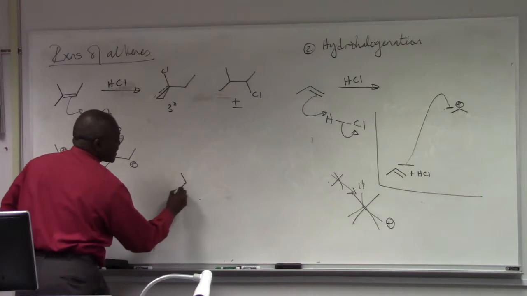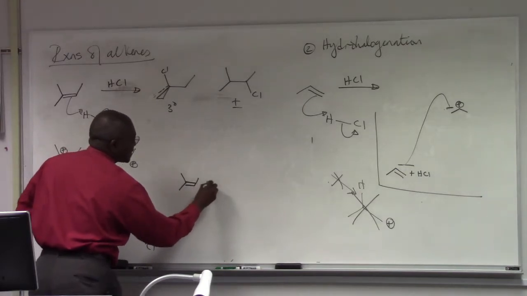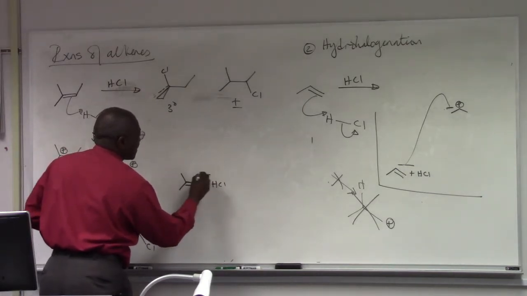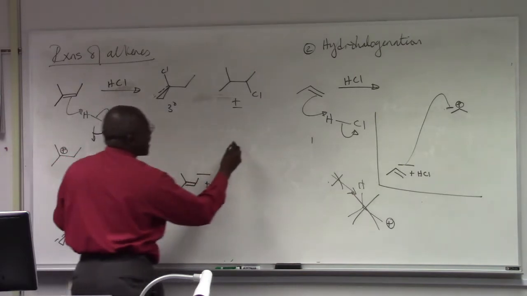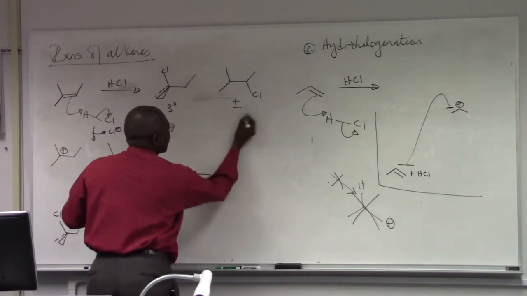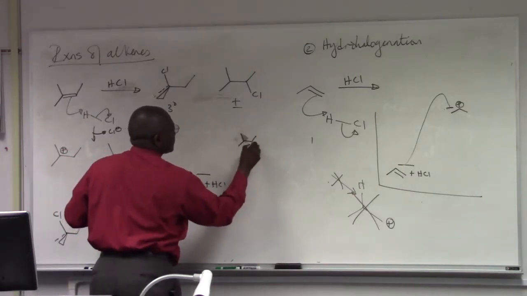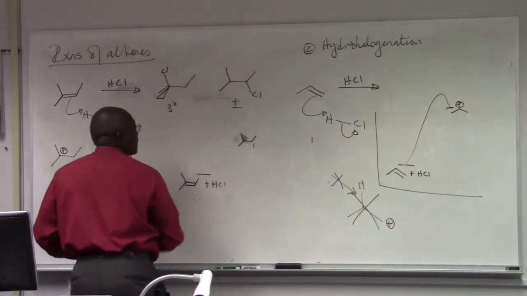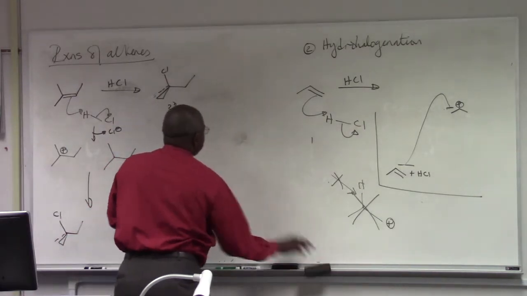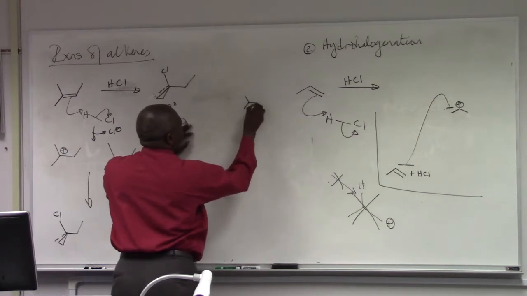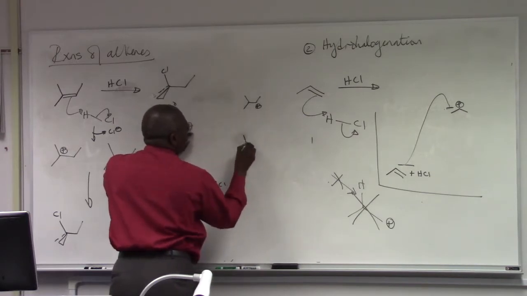So I'm going to have this alkene and HCl, and they're at a certain energy level, but they're generating either a secondary carbocation, well, let's make it a little bit higher. They're generating either a secondary carbocation or a tertiary carbocation.